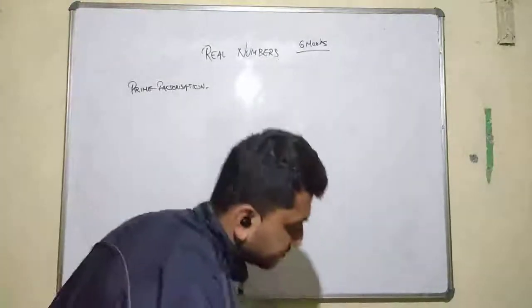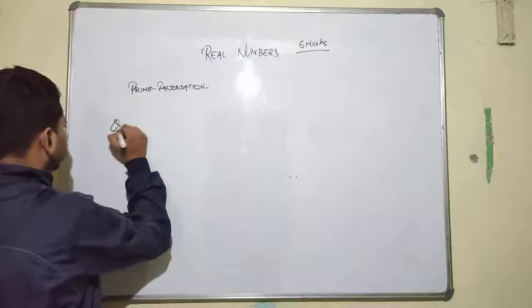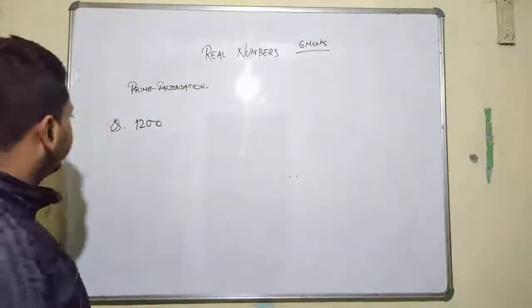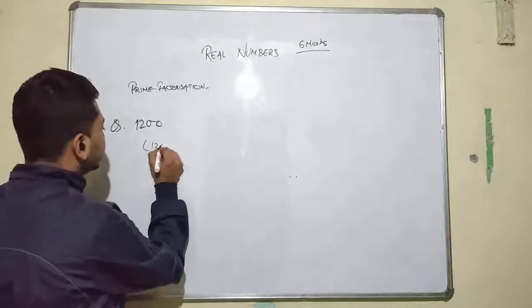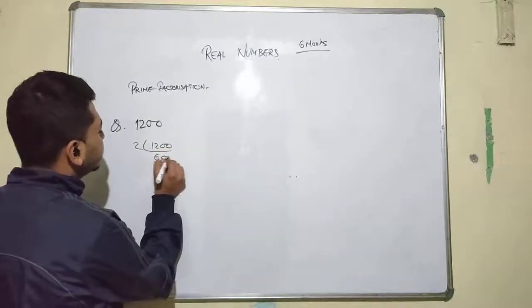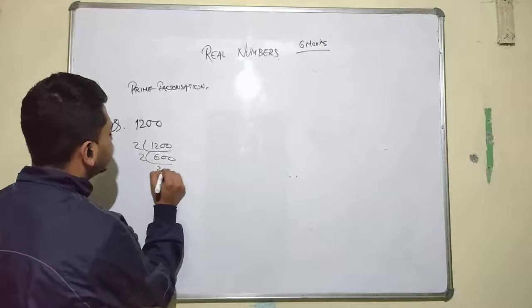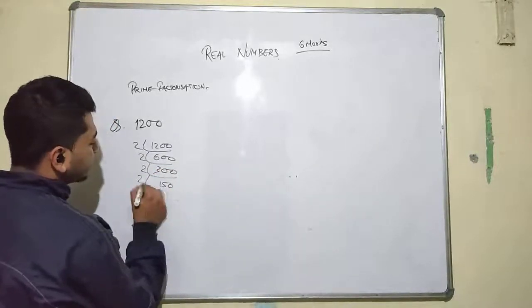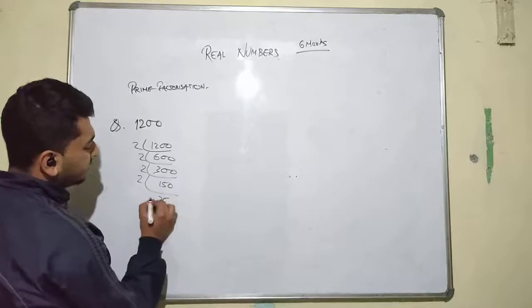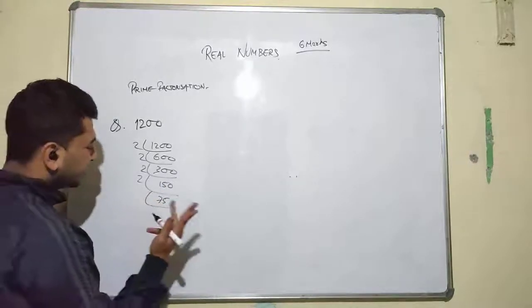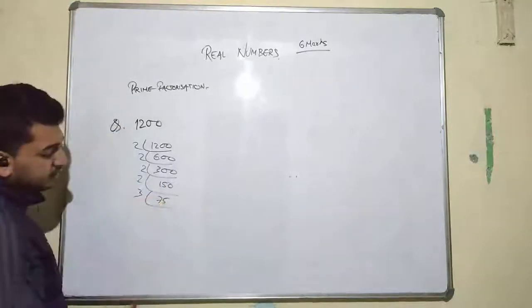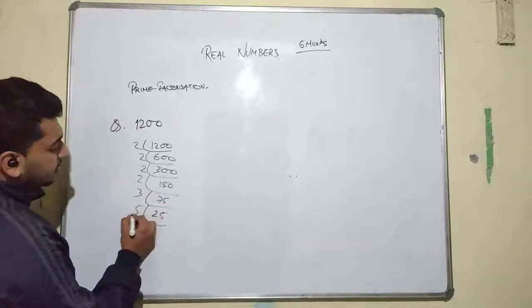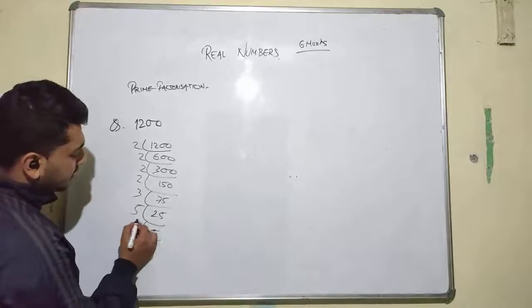Some more questions. 1200. Okay. 1200, 600, 300, 150, 75, 25, 5, 1.